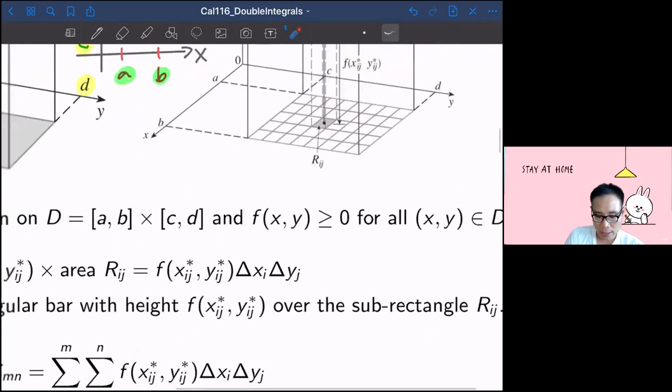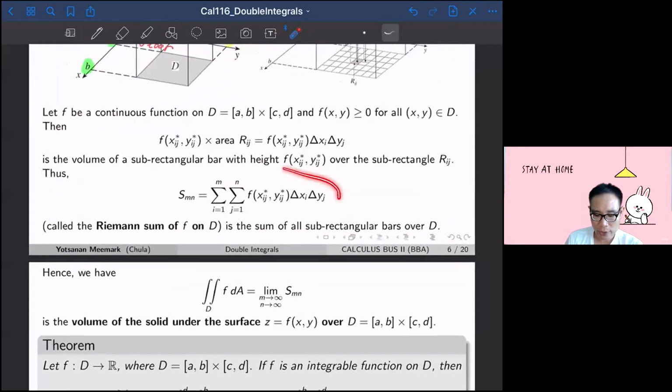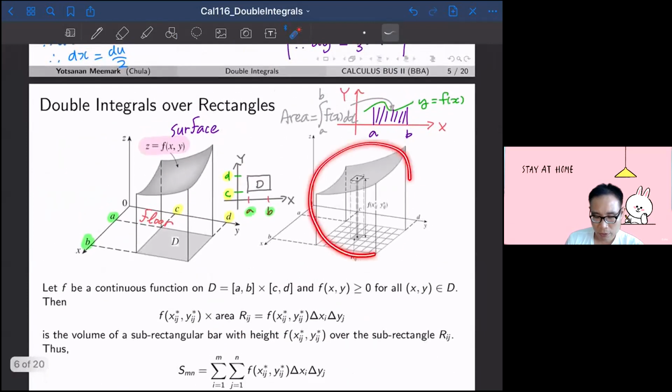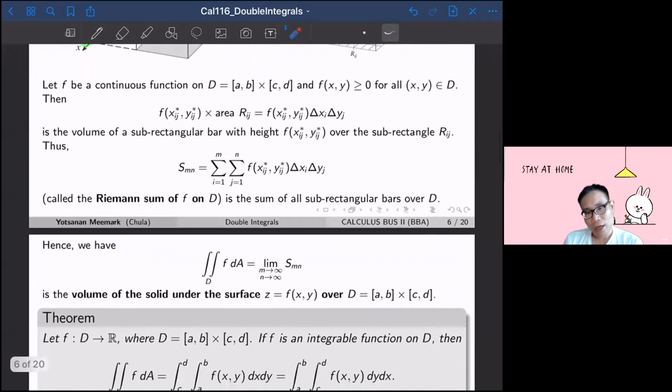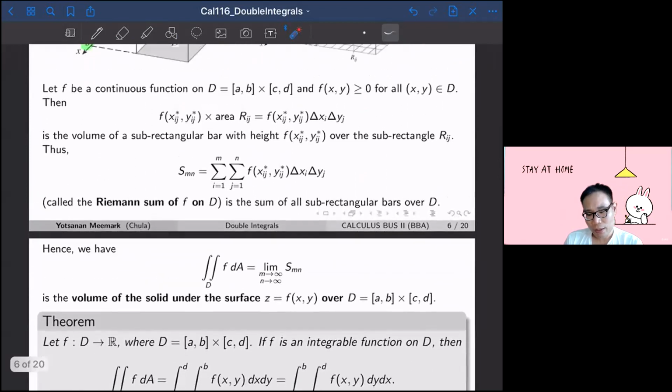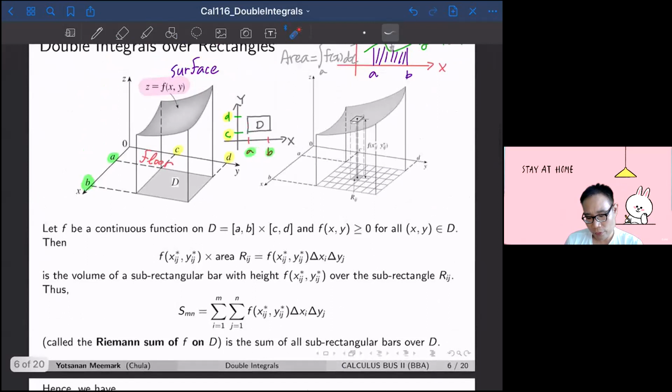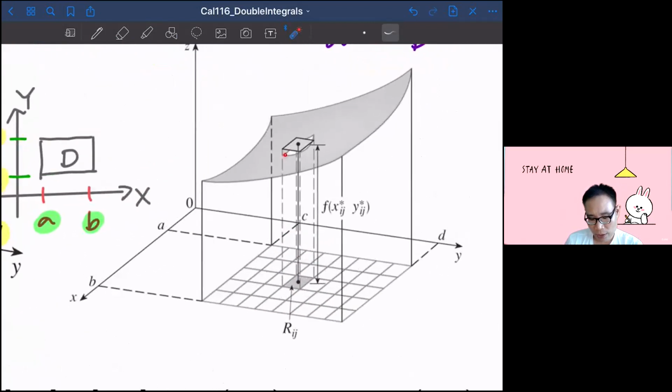And if you sum the whole thing up, you're going to get the volume of the solid lying under this surface. So how well does this work? If you have this subdivision, you're going to miss something and get some error.